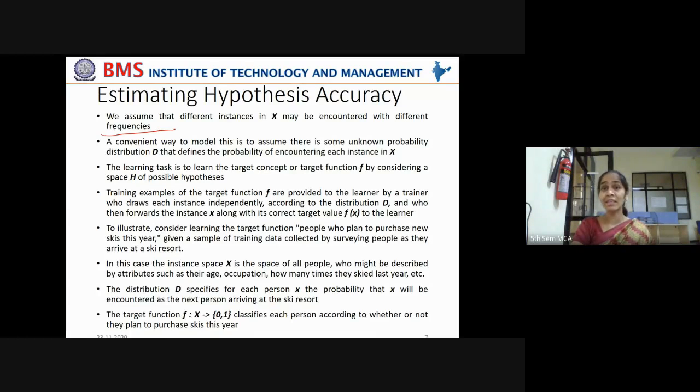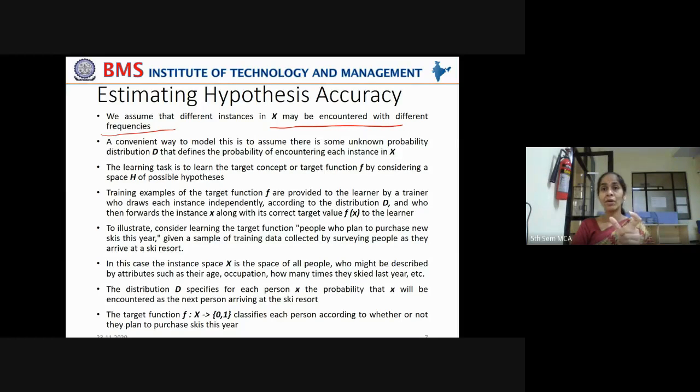We can't say outright that most of the sample points have this particular label or the other label. For this combination of attributes, people prefer to ski. For this combination of attributes, people don't prefer to ski. But for a different combination, people tend to go for not skiing. Like that, there are different combinations.